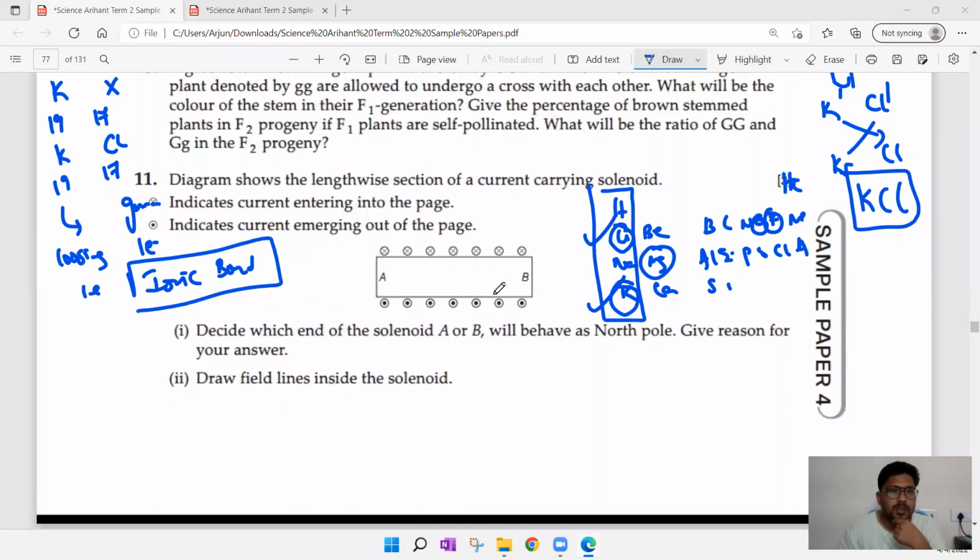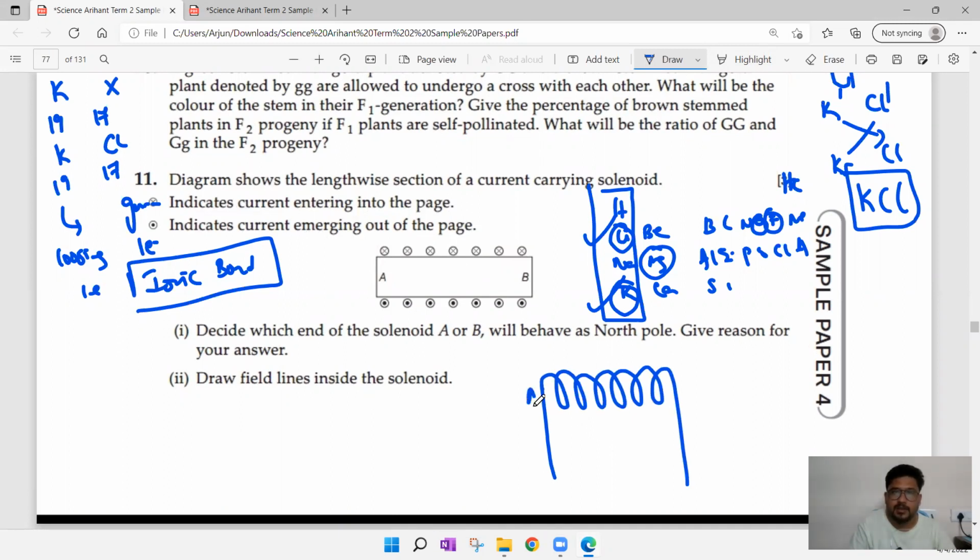Now 11th question. The diagram shows the lengthwise section of a current carrying solenoid. They have given just a box and they have represented A and B. Now indicate current entering into the page. So you consider this box as a page. Indicate current emerging out of the page. Now you can redraw the diagram like this.